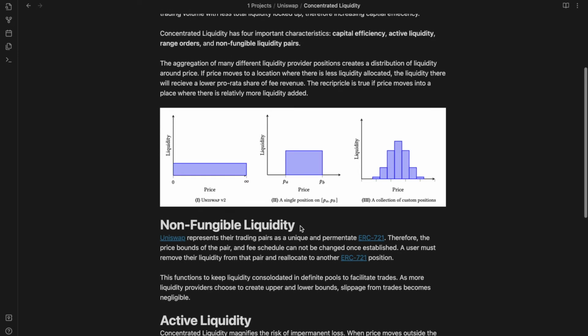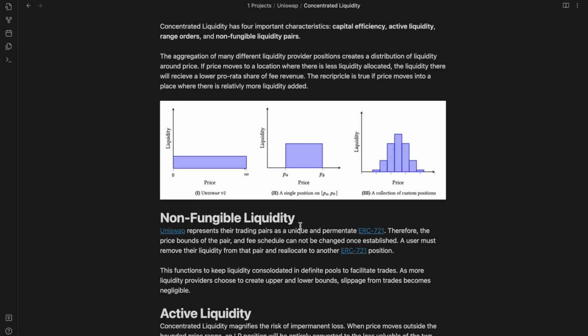So Uniswap v3 allows you to say, hey, I want to supply ETH and USDC, but I want to provide ETH from the price point of, say, $500 all the way up to, say, $1,500 or $10,000. And within that given price range, you will make a higher proportion of all the transactional volume that happens within that price range.